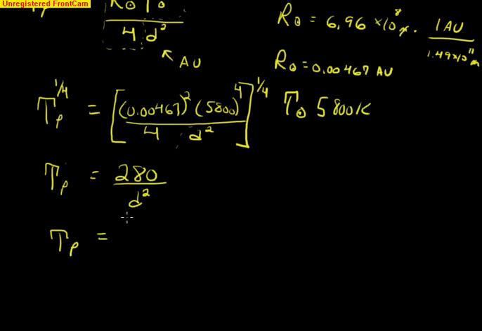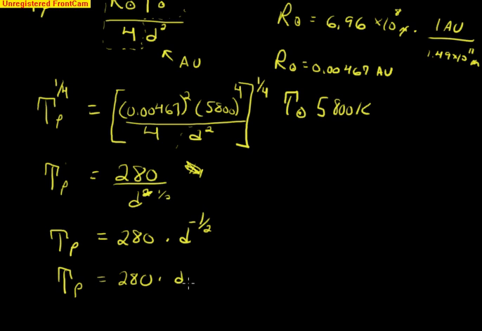This leaves us with 280 times distance. Let's bring it up here to the -1/2. Because with the 4th root that I have taken already, that gives you 1/2 here, and you bring it up. So our temperature of the planet is equal to 280 times the distance.